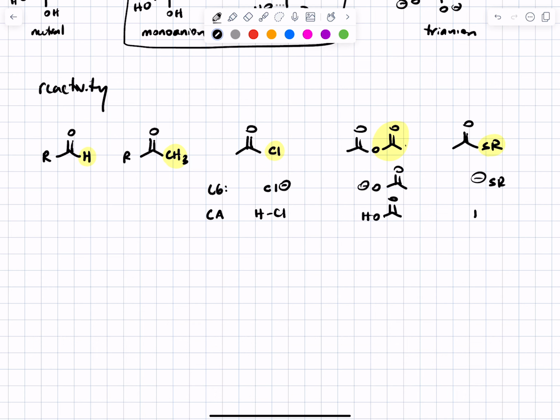For example, HCl or a carboxylic acid. pKa of HCl is -7, pKa of the carboxylic acid is 4. We would see that the thioester, the leaving group, is a thiolate, and the pKa of its conjugate acid is around 8. And so you can use this information to rank among these in terms of reactivity. You would predict that the acid chloride is more reactive than the thioester just based on leaving group ability.